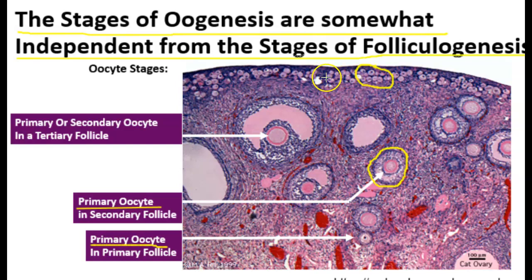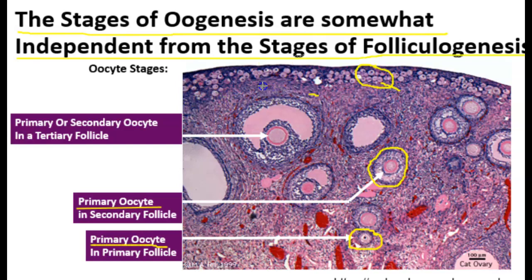In a primordial follicle, the oocyte could still be primary, and then in the primary follicle stage, it's still a primary oocyte. So the follicle's changing without the oocyte changing, okay?